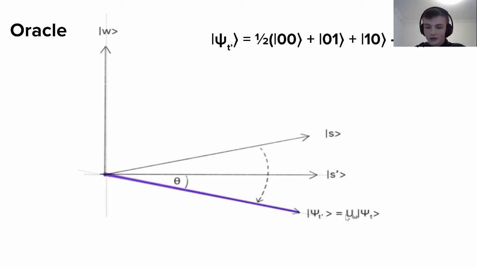So U omega acting on psi t gives us this new psi t prime, which we see at the top. And this corresponds to a reflection of this psi t0 state, or the S state, around the S prime state by a factor of theta, once again, because this interior angle between S and S prime is theta.